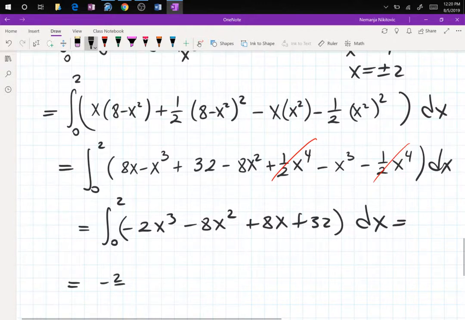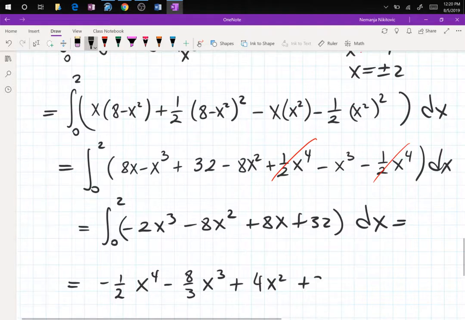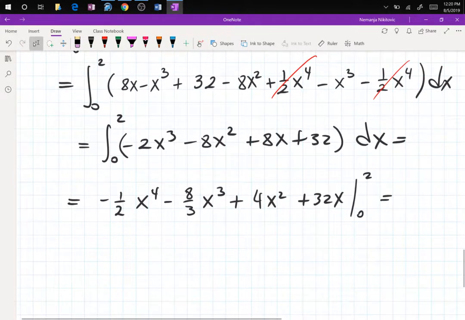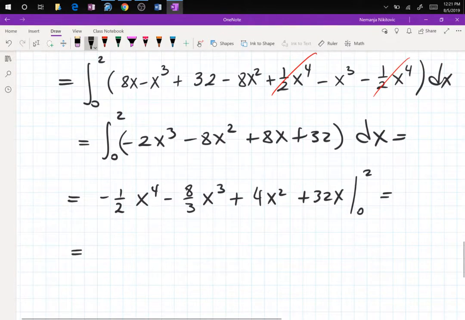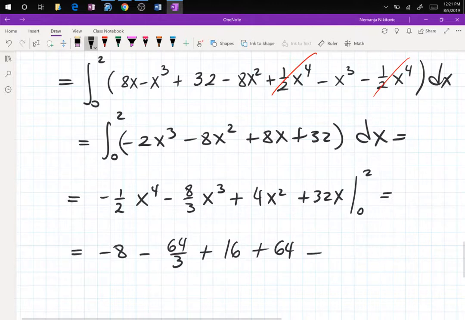So negative 2/4, that's negative half, x to the 4th, minus 8/3 x cubed plus 4x squared plus 32x, from 0 to 2. That's 16 times negative 8, minus 64 over 3, plus 16 plus 64, minus 0, 0, 0.